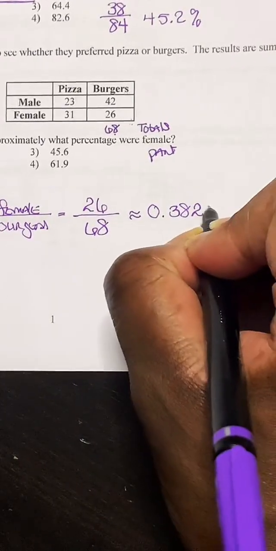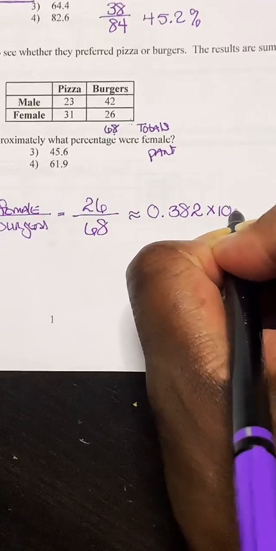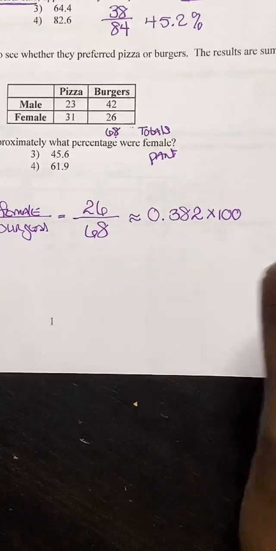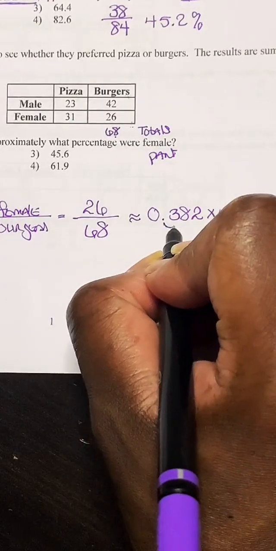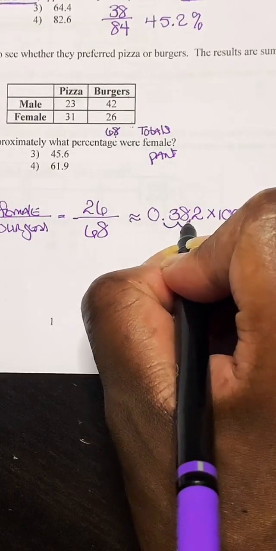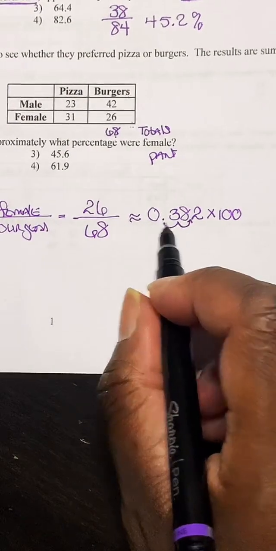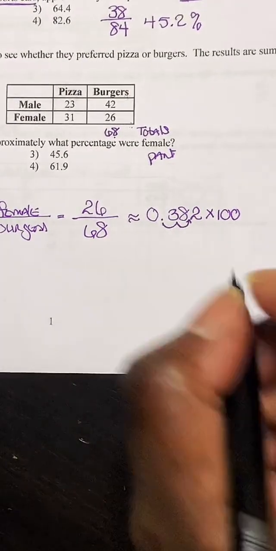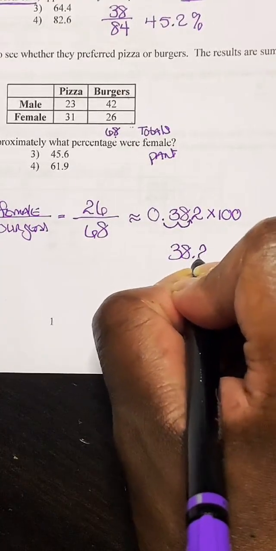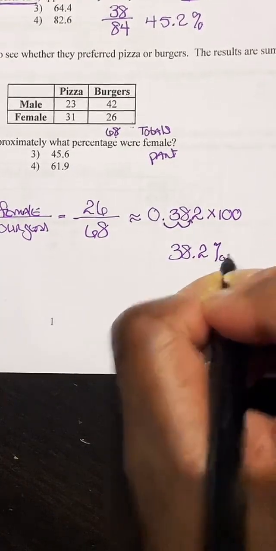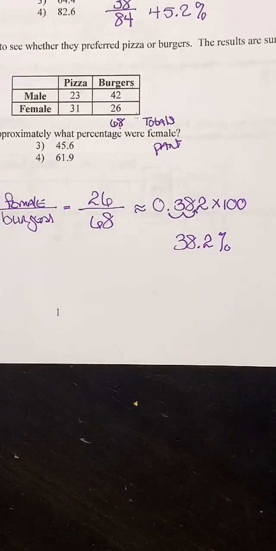So multiply this by 100, or simply move the decimal over 2 places to the right, which gives me 38.2%. There you go.